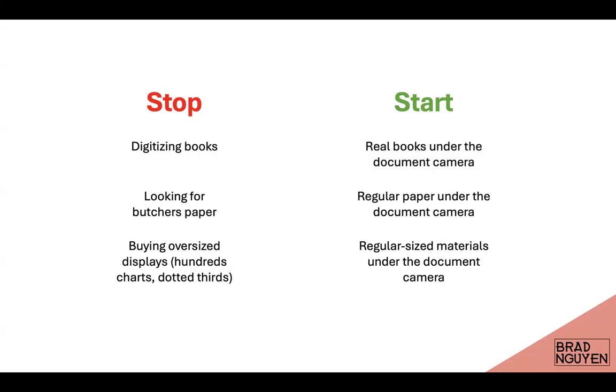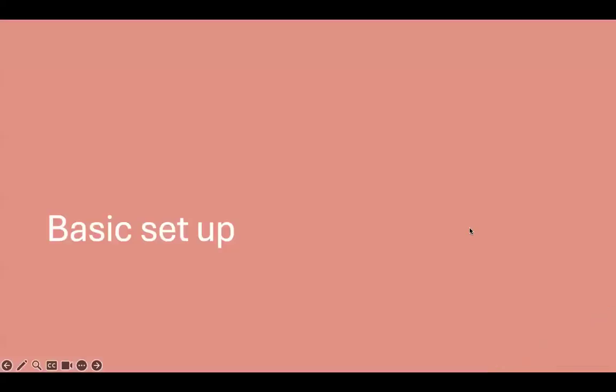Okay, so we've talked about how visualizers are going to be useful for people. In this next section, we're going to talk about how to set up your camera or your visualizer in your classroom so it's actually quite useful. Here's a typical classroom.